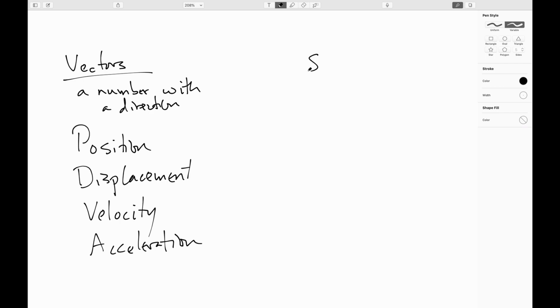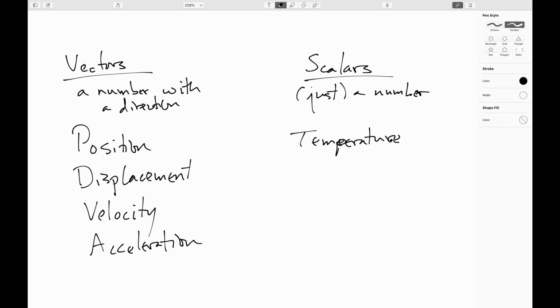Okay, scalars are things that we can describe with just a number. So, for instance, temperature doesn't have a direction associated with it. Temperature, mass, it's just the number you read on the scale, time, and speed.